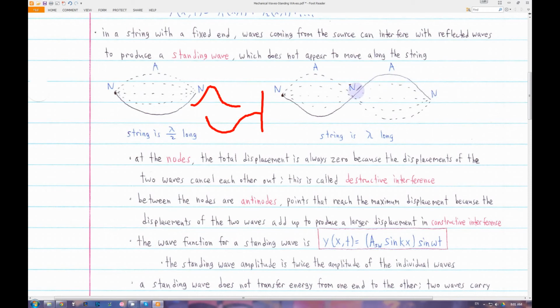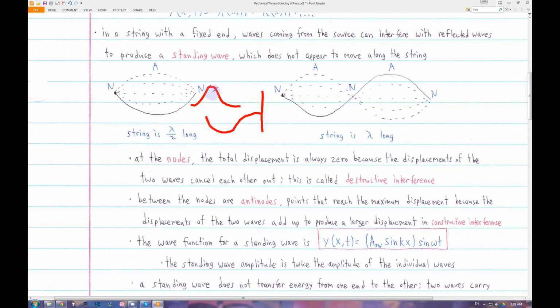And so these points where the string is not moving are called nodes. So at a node on a standing wave, the displacement is always 0. And that's because the two waves that make up the standing wave have what's called destructive interference. And that's when the two waves cancel each other out.